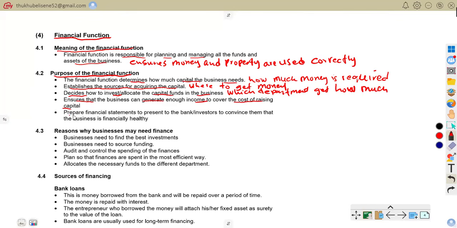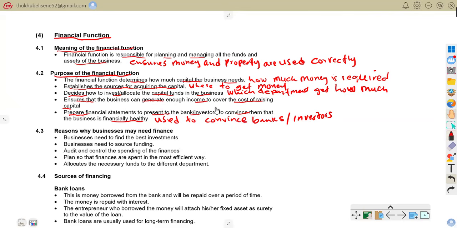It also prepares financial statements to present to the bank or investors to convince them that the business is financially sound, for example, presenting an income statement to the bank.